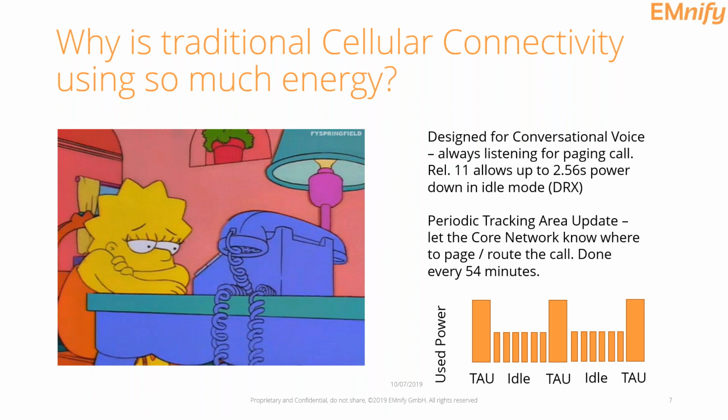So this gives you an idea that for IoT, where the device maybe just has to send once, twice, or a couple times per day, this pattern is not really meaningful and drains the battery faster than necessary. And this is where Sigfox and LoRa have their strongest advantage, because they're not following this pattern.